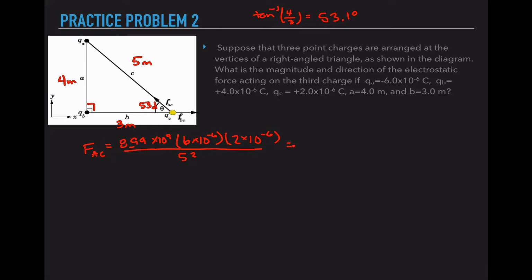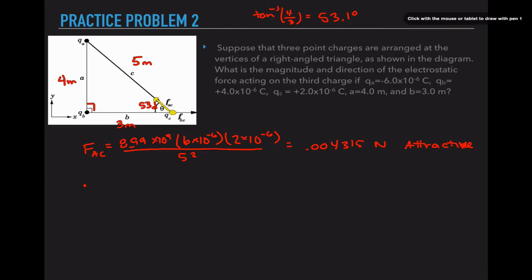This value is 0.004315 newtons. Now, since I have a negative and a positive, this is an attractive force, meaning attractive. This force arrow is going to be going in this direction. It's trying to move towards QA, or the first charge.